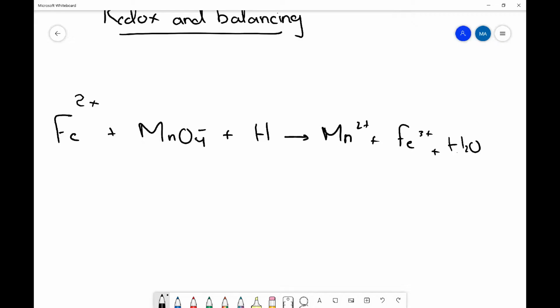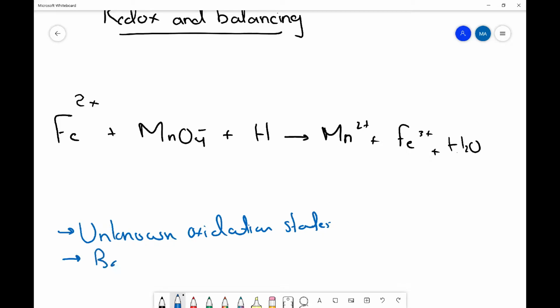I'm writing down these steps here. Number 1, figure out the unknown oxidation states. Number 2, balance the electrons. And number 3, balance the equation.